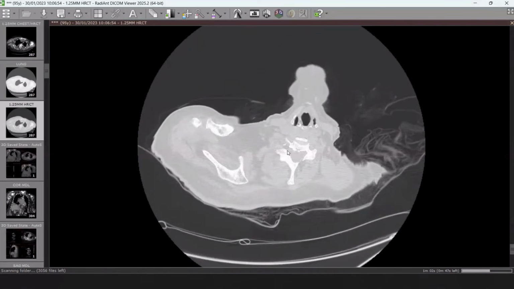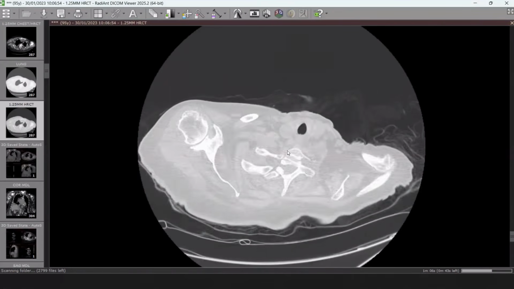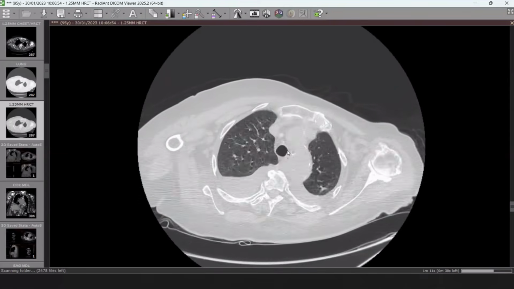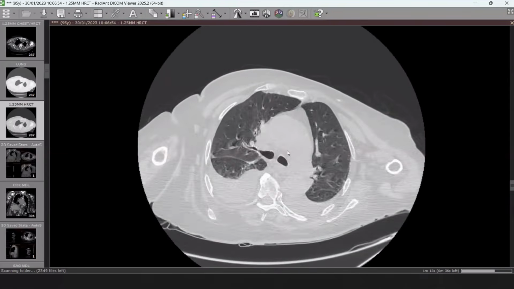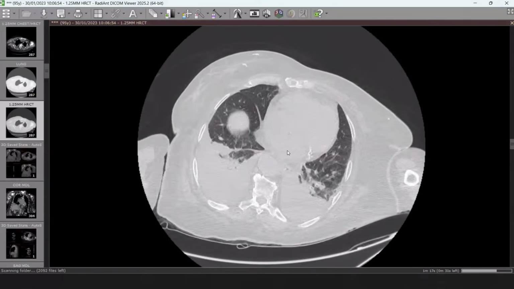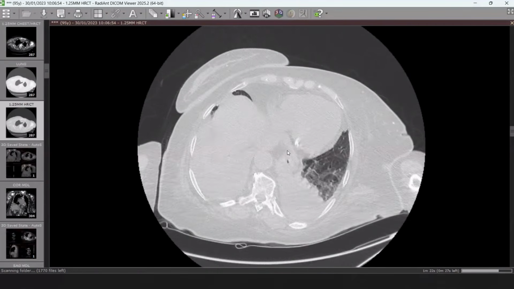Okay, I will just scroll down the images to get an idea and then we'll describe findings. This is an axial CT chest lung window. I can appreciate there are bilateral pleural effusions, mild to moderate, slightly more on the left side.